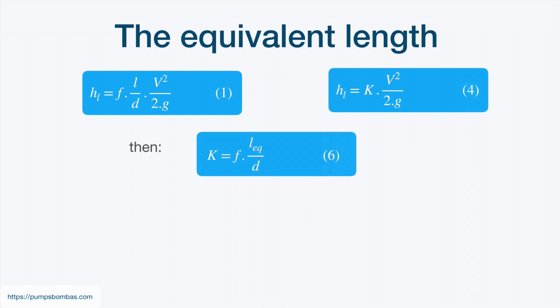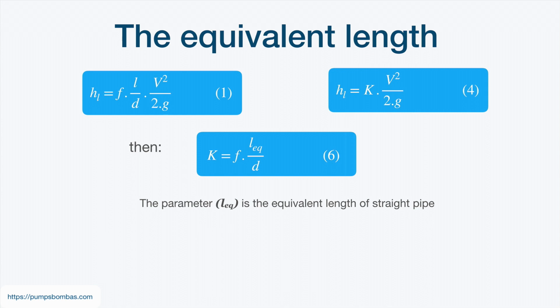Then in equation C, as we see, we can say that the value of K, the resistance coefficient, is equal to the friction factor multiplied by an equivalent length divided by D. The parameter L equivalent is the equivalent length of straight pipe corresponding to the accessory that we are analyzing. We are transforming our elbow into an equivalent length of straight pipe.